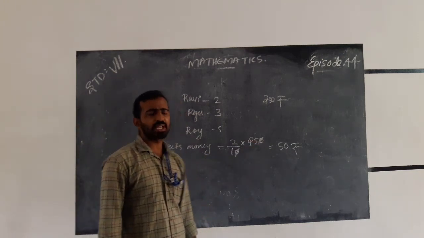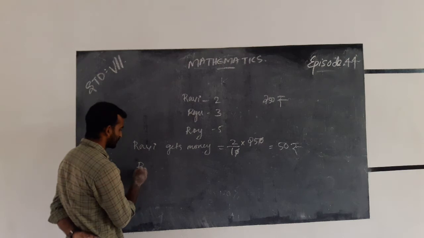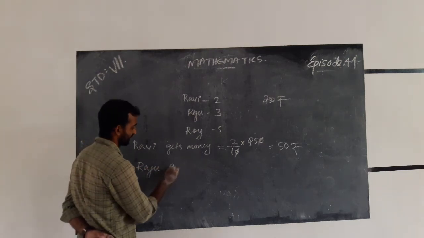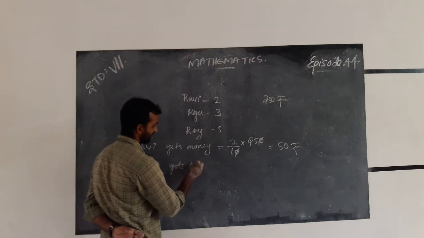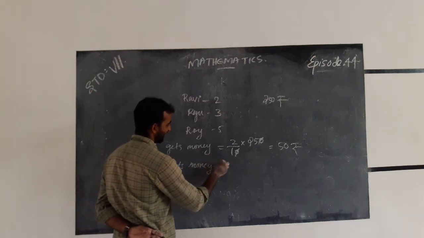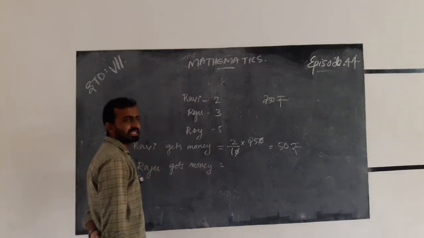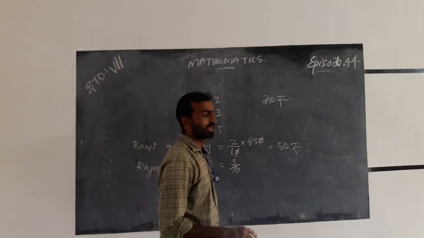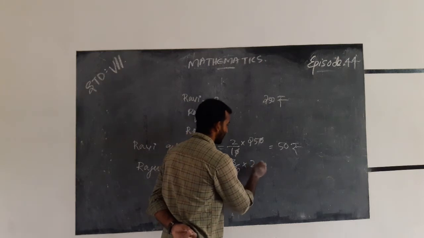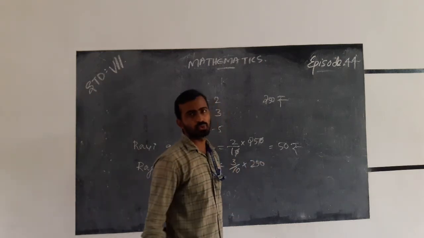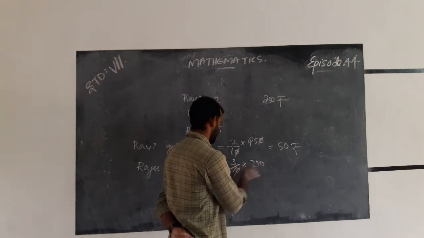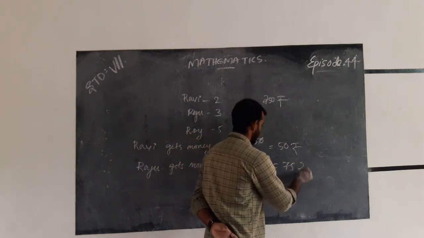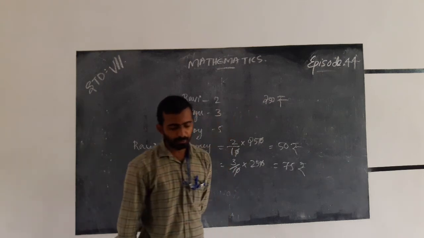Next, we are going to discuss Raju. Raju gets money 3 by 10 into 250, that is 75 rupees.